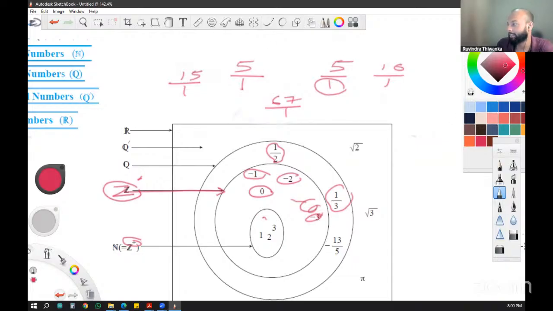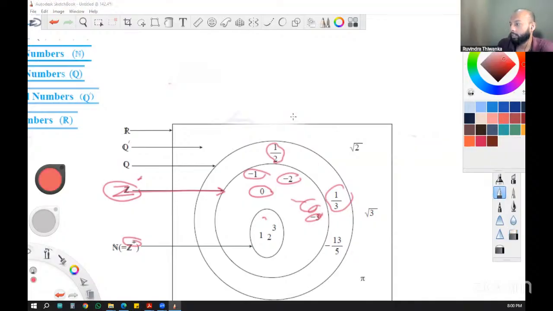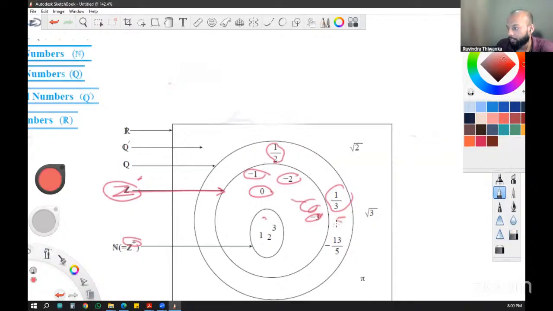Everything has a number like so. So 5 can be written inside the rational set. That means the positive integers are inside the rational numbers. All the positive integers or negative integers belong to the rational number set.